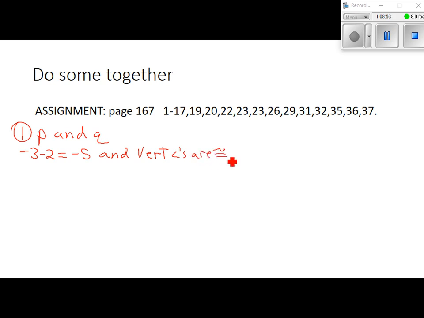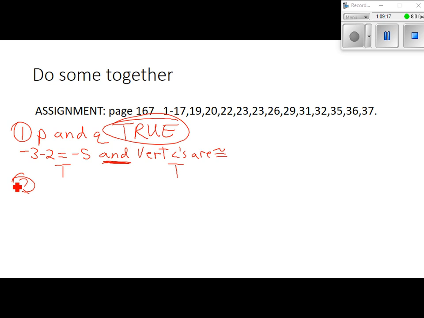The first part, -3 - 2 equals -5, true or false? True. Second part, vertical angles are congruent, true or false? True. We used and. Both parts were true. What's that tell us about the whole statement? It's all true. So you just write down true for your answer.